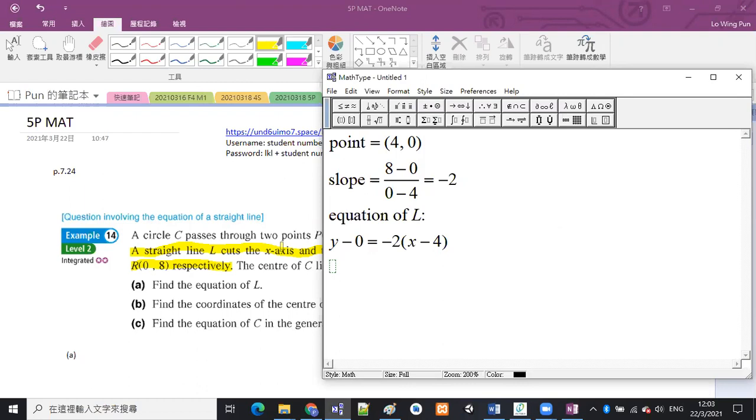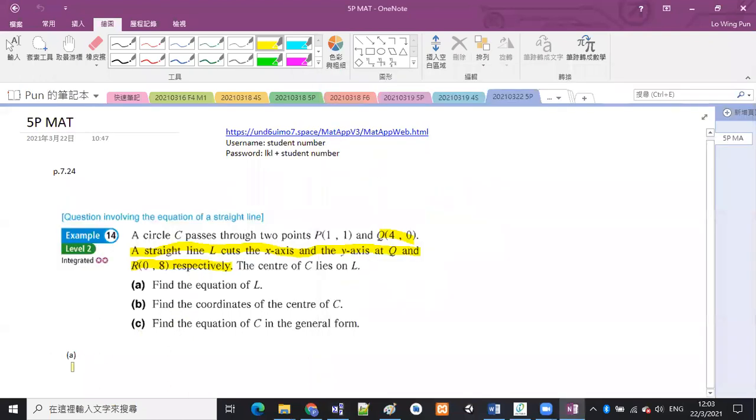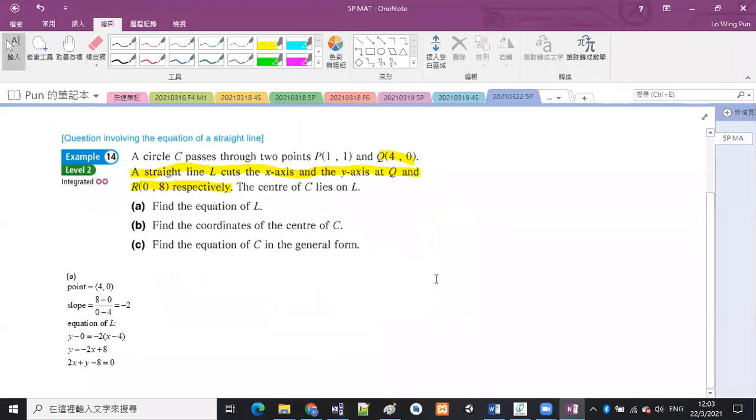Remember this? 呢啲要記㗎啦，即係你連 point slope form 都唔熟都唔記嘅話，咁就冇辦法做到呢一課嘅題目啦。呢啲好基本嚟㗎。Okay, so y is equal to -2x plus 8, and then we will move all the terms to the left hand side. So 2x plus y minus 8 is equal to 0, and that is the equation of L. It's okay?